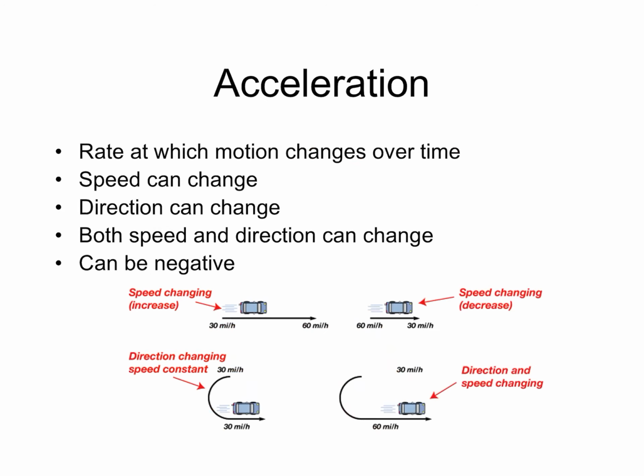All right, so now we are into acceleration. And acceleration is defined as the rate at which motion changes over time. So speed can change, direction can change, both speed and direction can change. Those are all things that can be considered accelerating. And then it can also be negative.